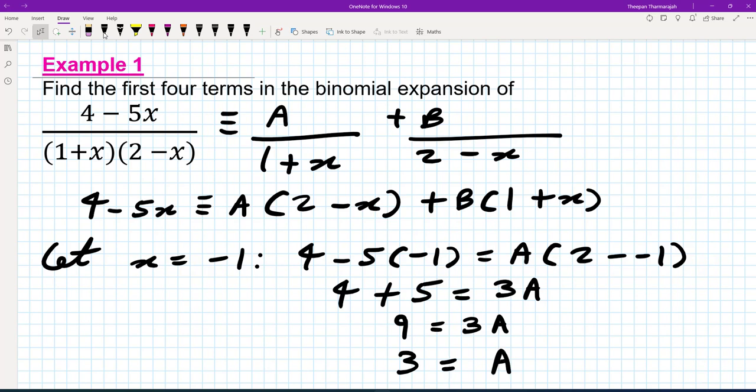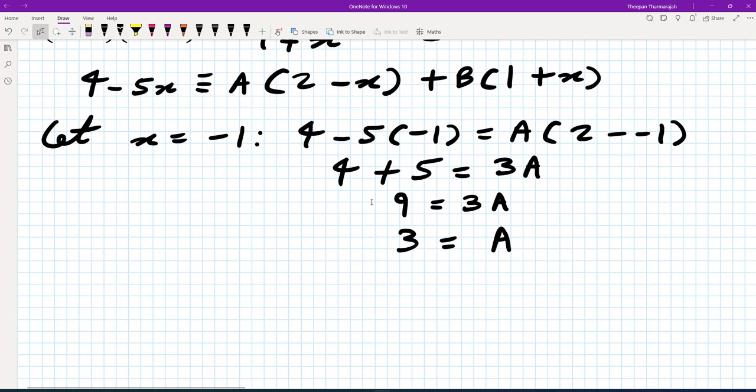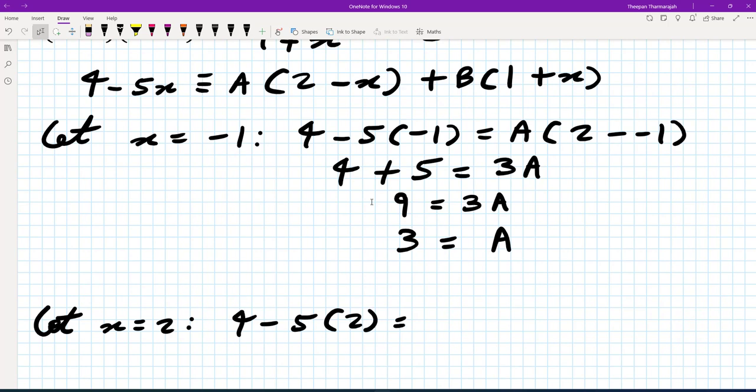So now to work out B, we're going to make the A bracket equal to 0. So we're going to say let x equal 2. So we get 4 minus 5 times 2 equals 2B times 1 plus 2.